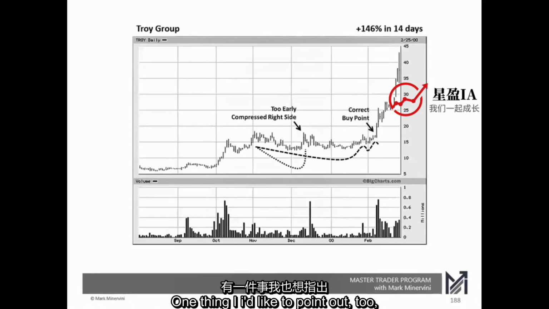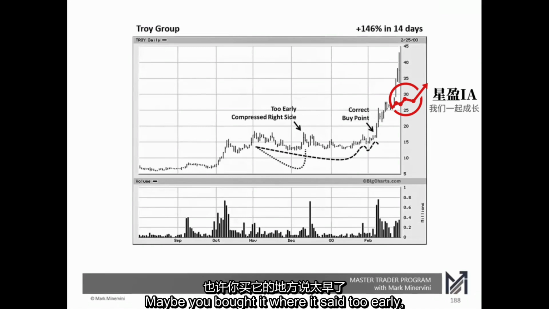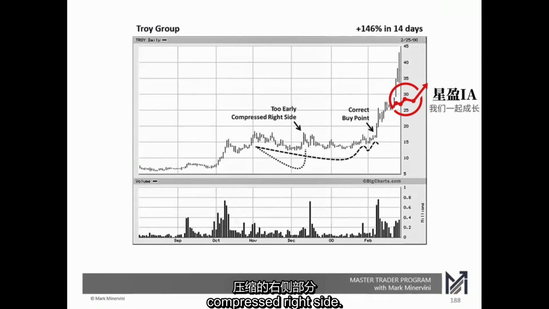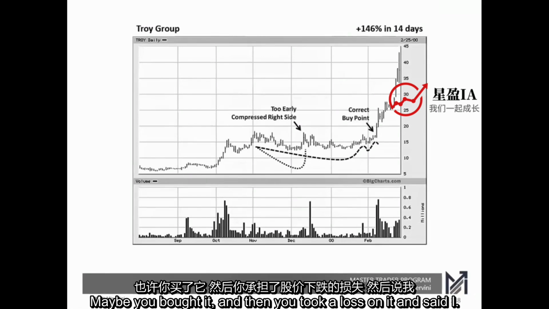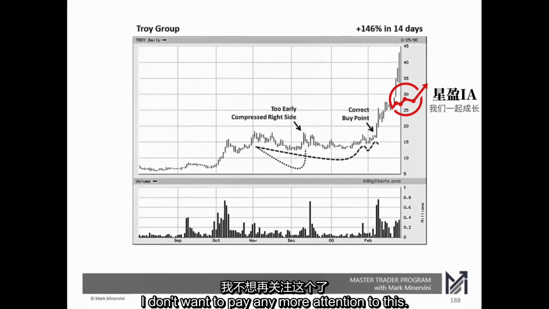Go ahead, Dave. One thing I'd like to point out is that where you say too early, compressed right side, the stock might have some of the characteristics, and maybe it had the earnings, but the pattern hadn't set up yet. Sometimes it's such a shame: maybe you bought it, took a loss on it, and said, I don't want to pay any more attention to this.